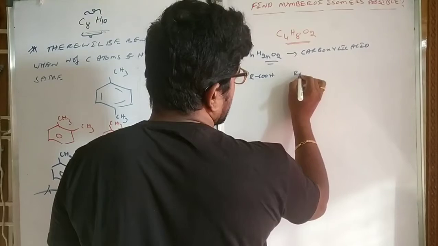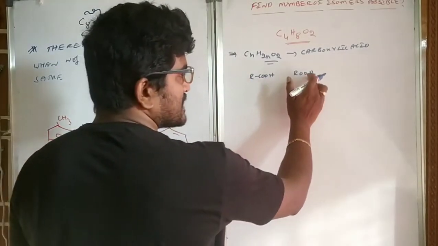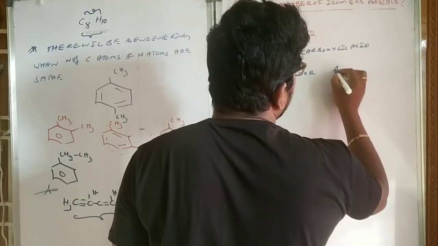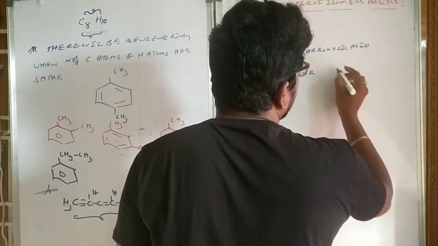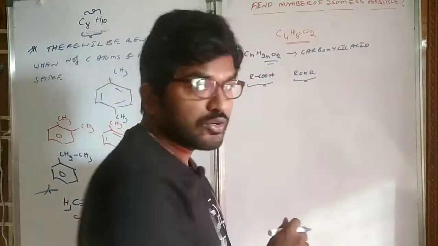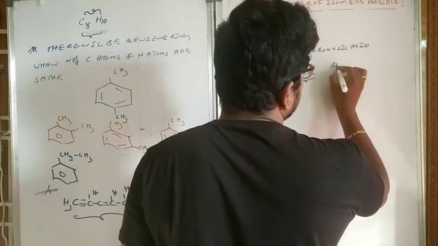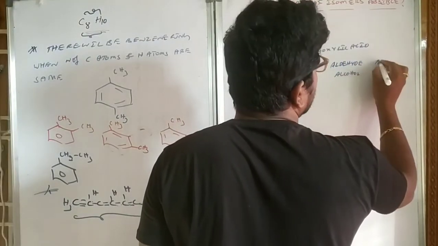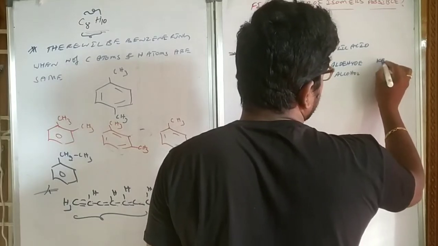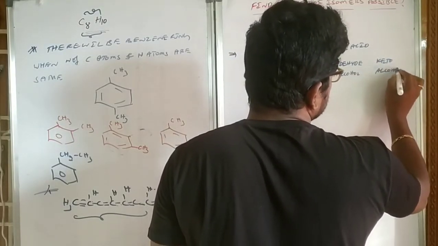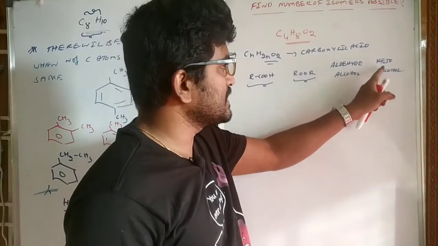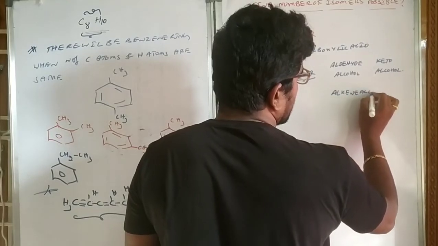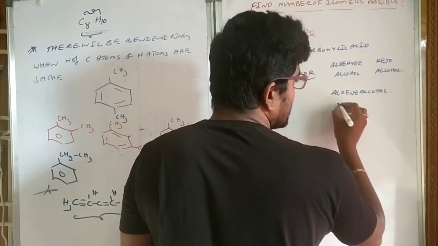Carboxylic acid functional isomers will be: carboxylic acid is present, ester is present, these two are the functional groups. Along with them, aldehyde alcohol is present, keto alcohol is present, alkene alcohol is present, ethers are present.